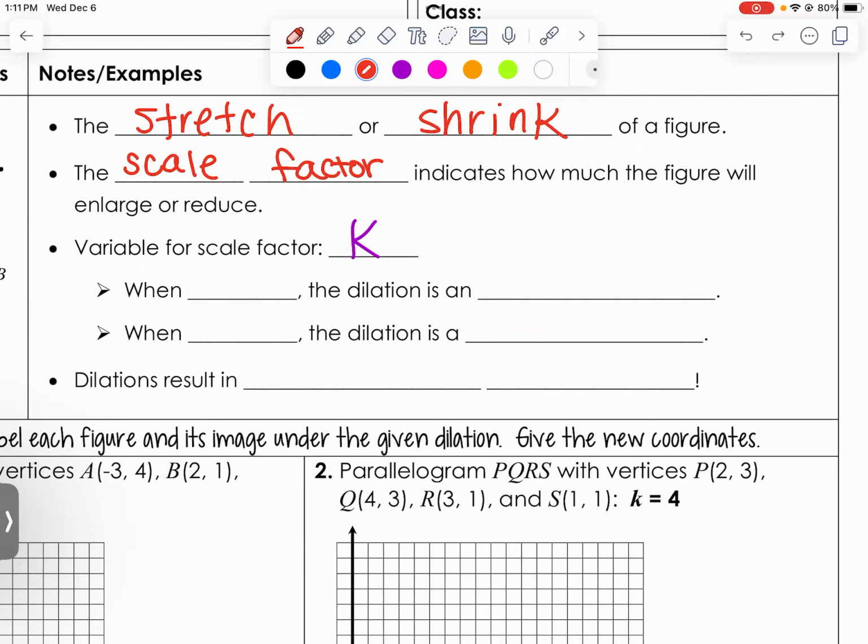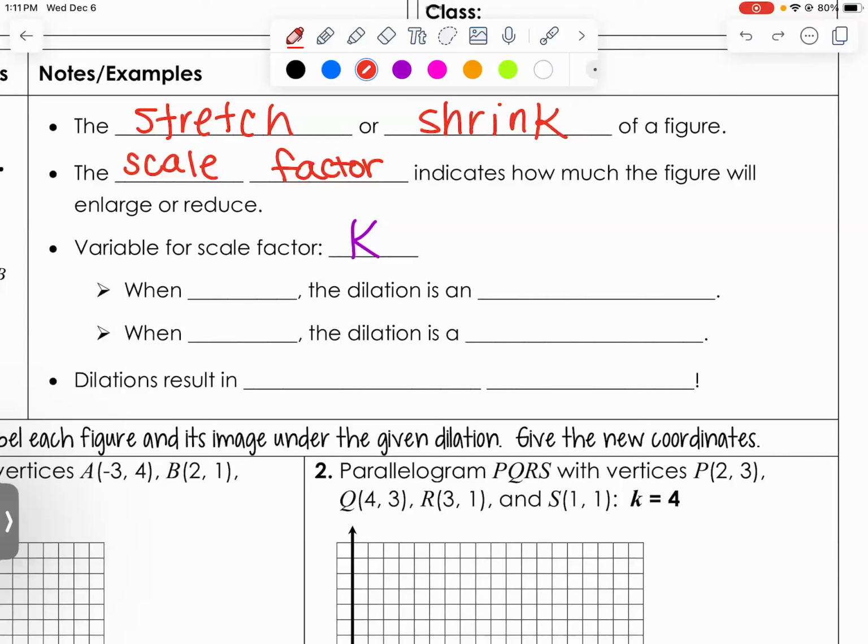Now, how are we supposed to know if it gets bigger or smaller? What did we say about K? How did we know it's going to stretch versus shrink? We talked about this 10 minutes ago.